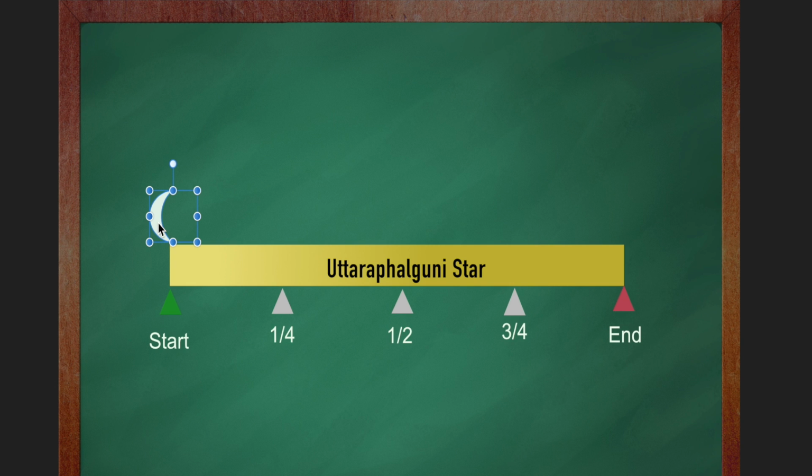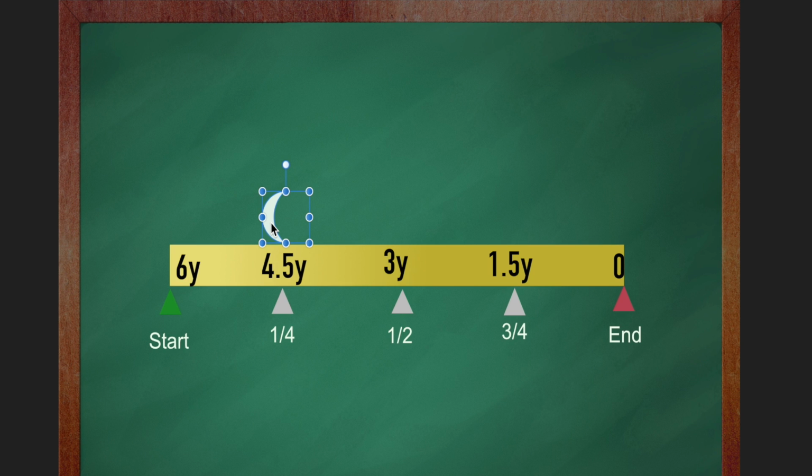If we are born whenever the nakshatra gets started, there is no need to do the Dasha balance, because it will always be the full allotted years for a particular planet. If the moon was here, it would have been 1.5 years over, and the balance of the 6 years would have been the Dasha balance.